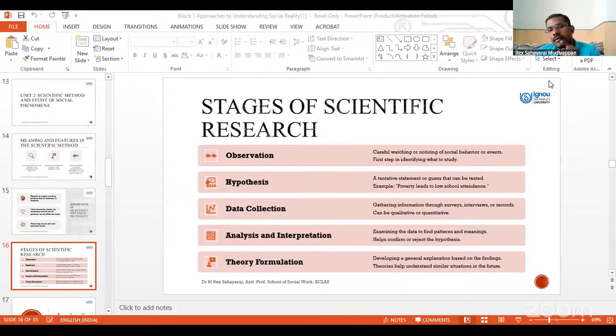Research questions we use in qualitative research, when we study characteristics or phenomena which cannot be put into numbers, especially in psychology, when you are studying human behavior. We go deeper in understanding, so we put research questions.